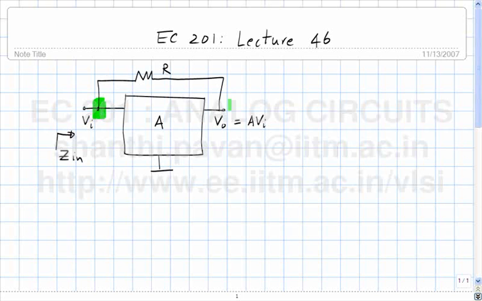This is Vi, this is A times Vi. So what is the voltage across the resistor? The voltage across the resistor is Vi minus A times Vi.